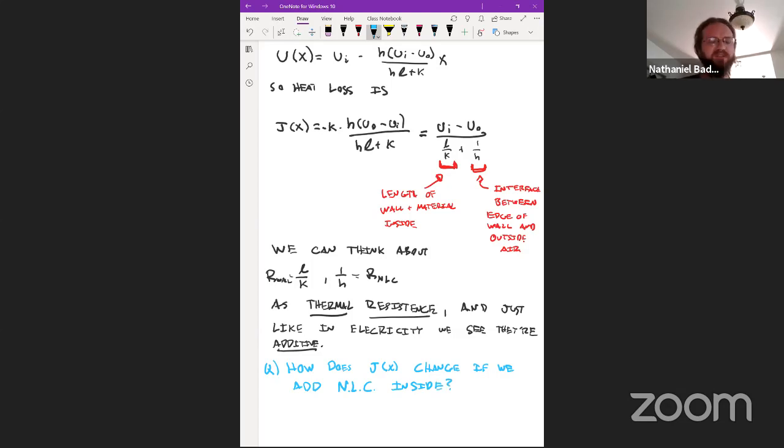Or maybe I should say, how would we expect it to behave? Because this isn't some sort of mystery. We could just add a Newton's law condition inside and go and prove it.